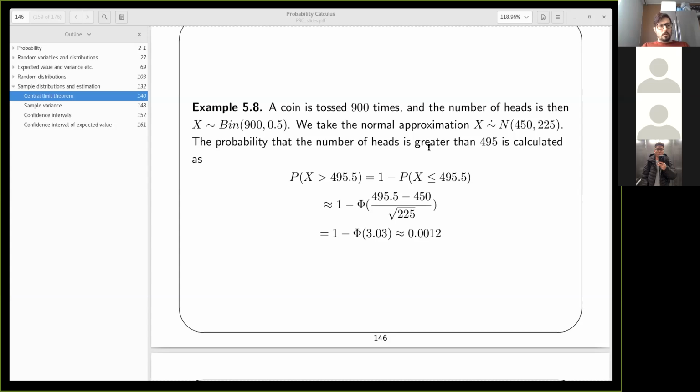Sorry, I had a mistake there. The divisor should be the square root of 0.5 to the 2, so the square root of one variable, which has 225.